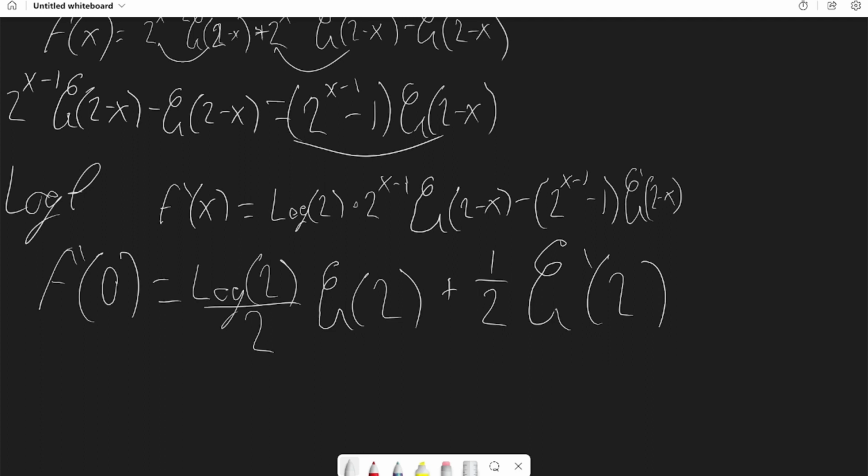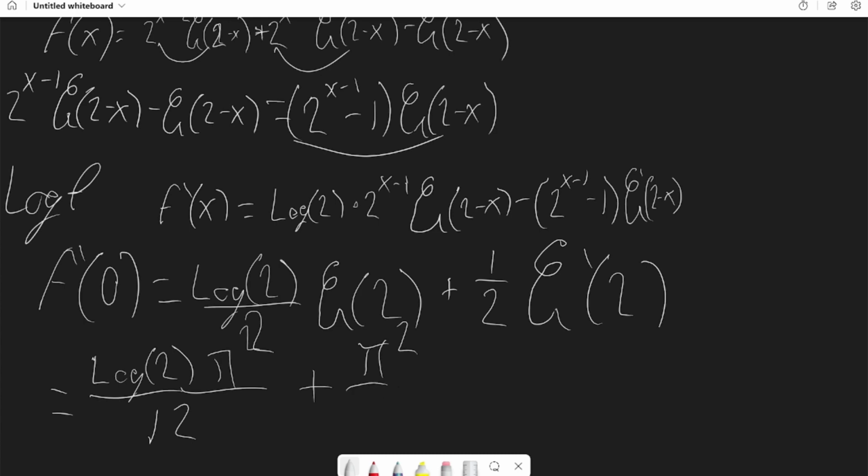And so now, Riemann zeta of 2 is famously equal to, you're just going to write that down, log 2 divided by 2. Riemann zeta of 2 is famously equal to pi squared over 6. Then you get pi squared over 6, and then once again divide by 2, and you get pi squared over 12. So then add pi squared.